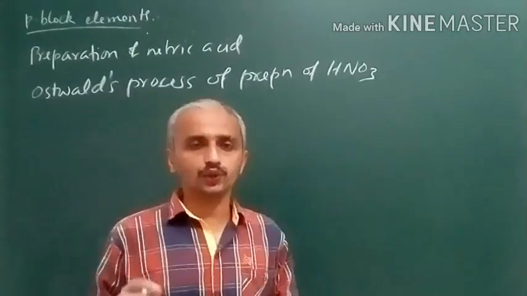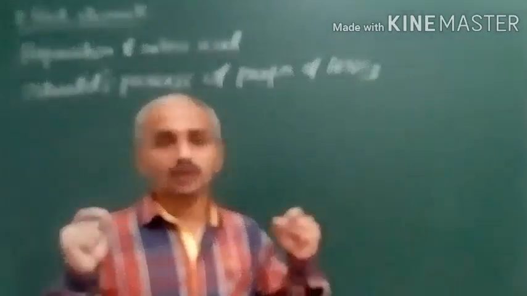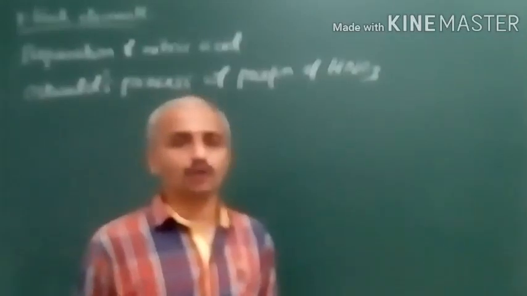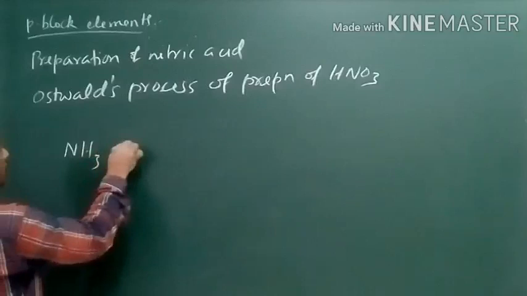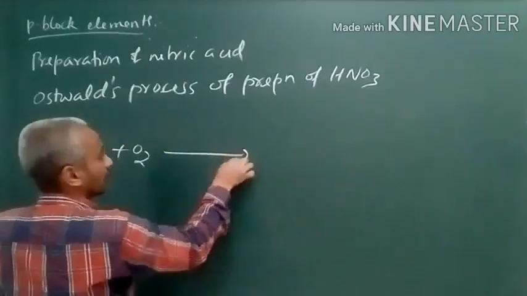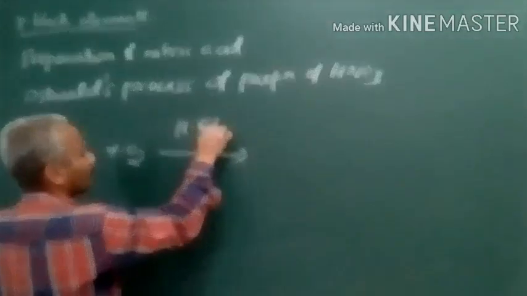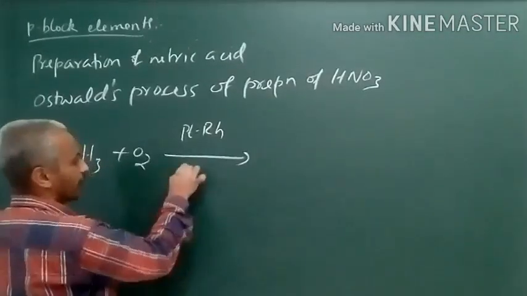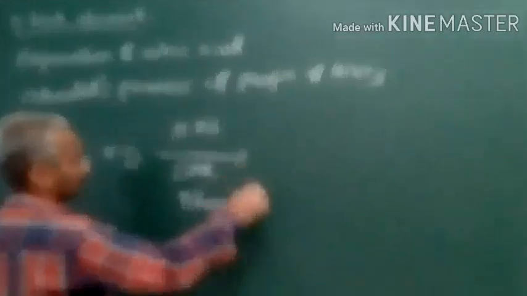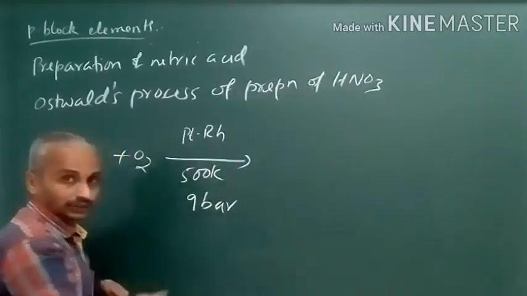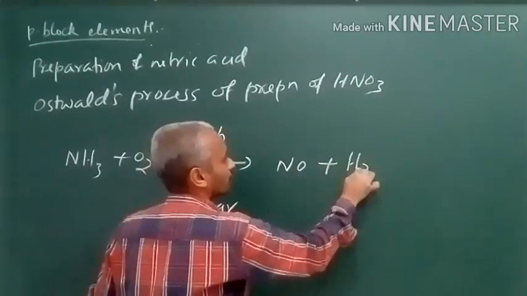See, in the Ostwald process, ammonia is oxidized by atmospheric oxygen. NH3 plus O2, in the presence of a platinum-rhodium catalyst maintained at 500 Kelvin and 9 bar pressure, is oxidized to nitric oxide along with the formation of water.